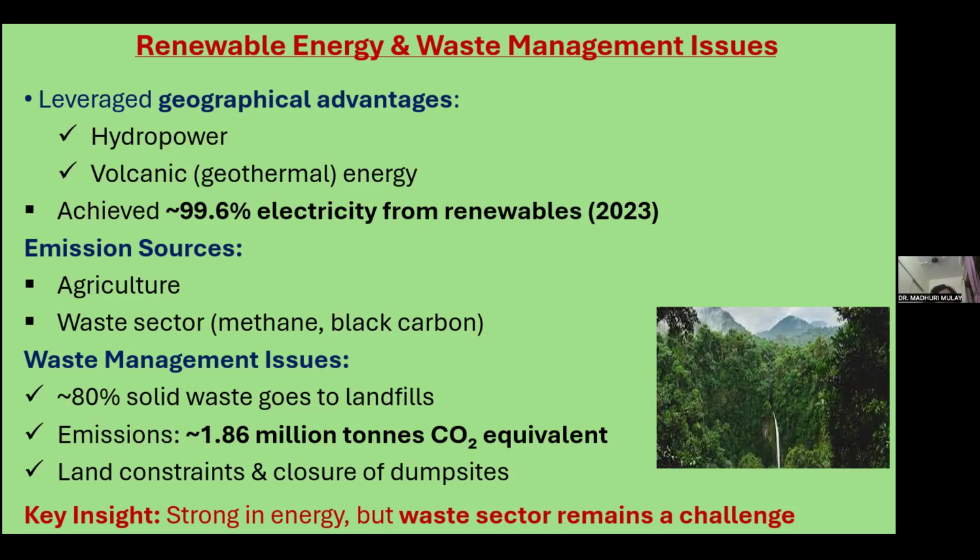This is the major issue in Costa Rica. The emissions were 1.86 million tons of carbon equivalent. And again, land constraints and closure of dump sites are the major issues in the waste management sector. Next.